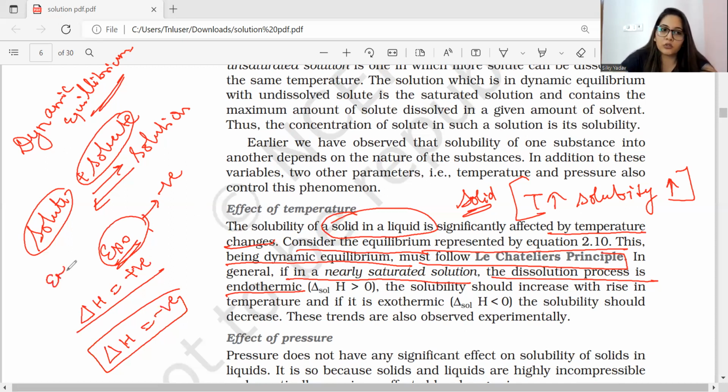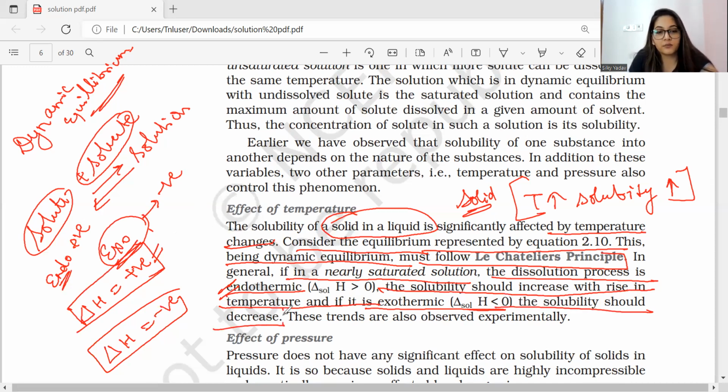So that is endothermic. Endothermic means positive. So when the del H value is positive, we are talking about the endothermic process, right? And when the delta H is negative, it is an exothermic process. That means the solubility should increase with the rise in temperature if it is endothermic, and if it is exothermic, the solubility should decrease.